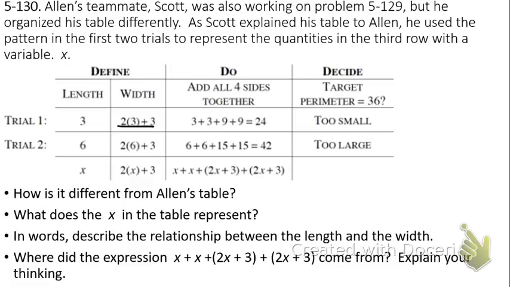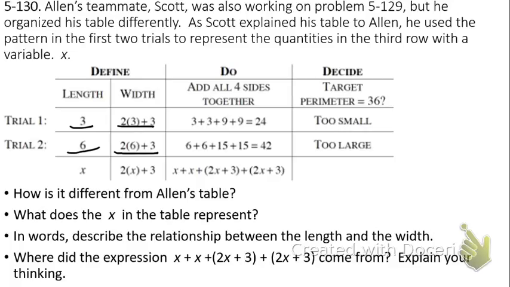So 2 times 3 plus 3 when the length was a 3. When the length was a 6, we add 2 times 6 plus 3. So I can now see that one of the things he's doing is he's doing a 2 times the length plus a 3.